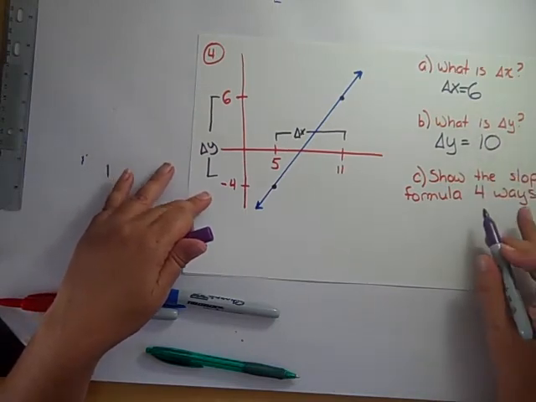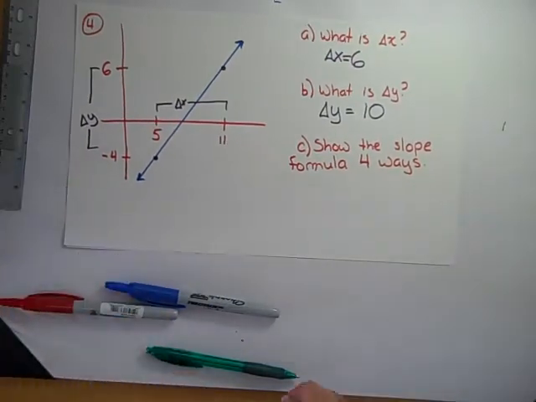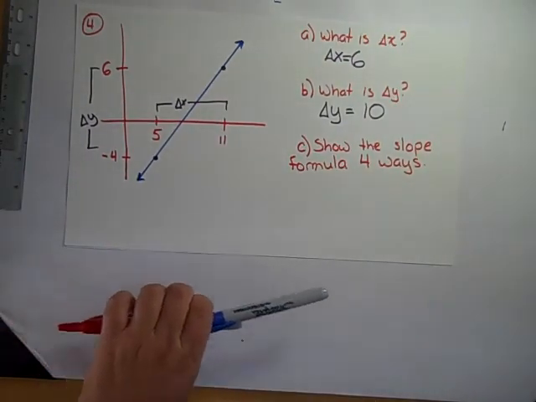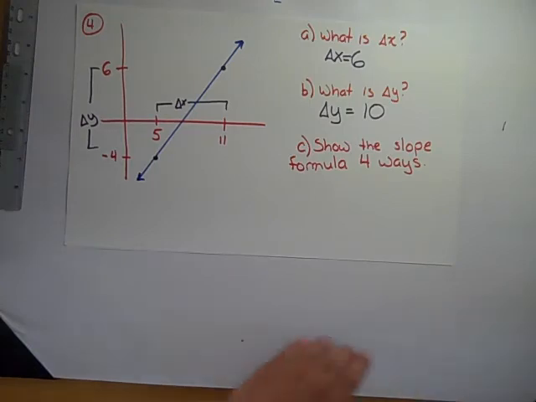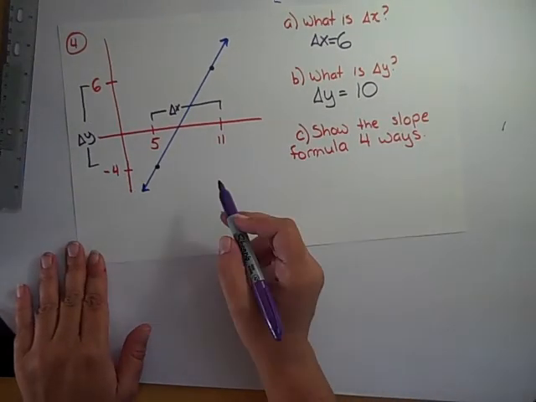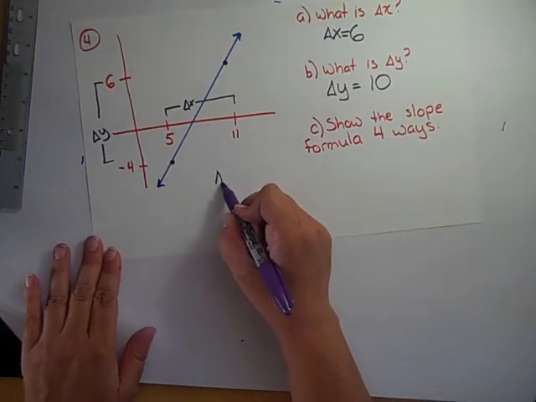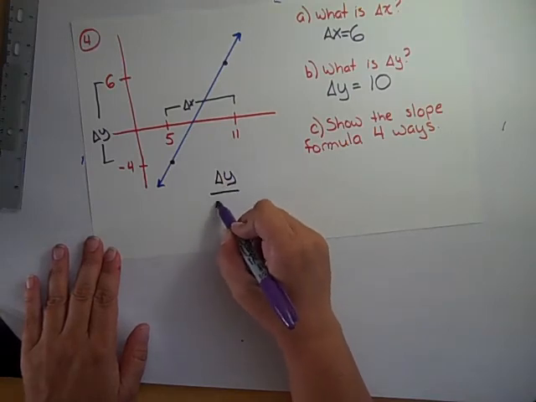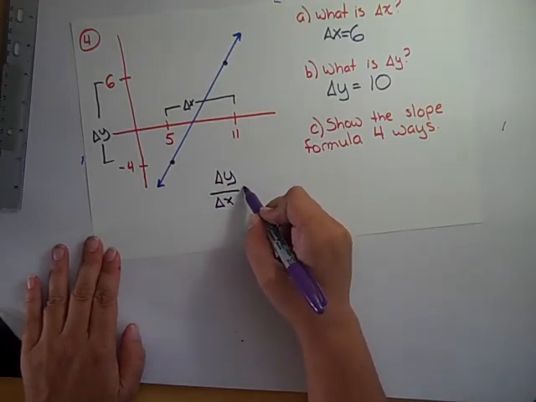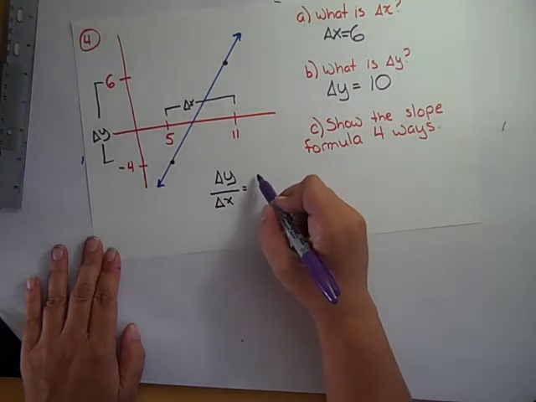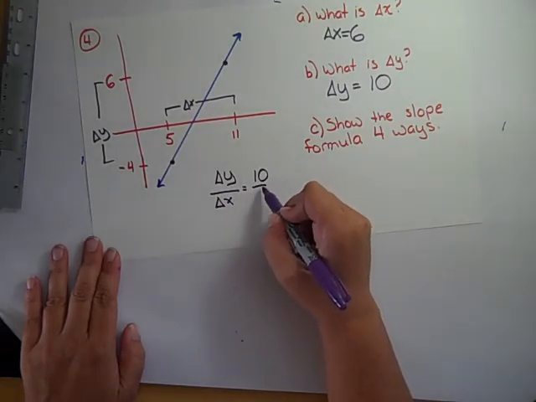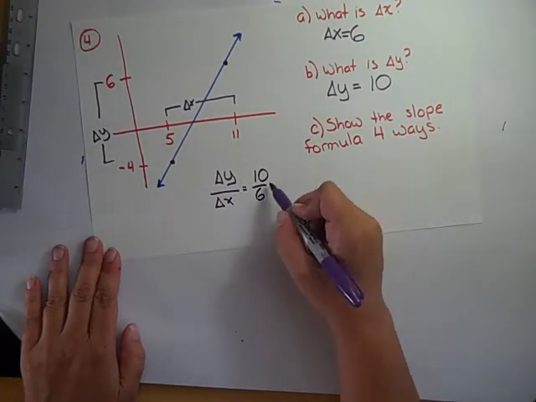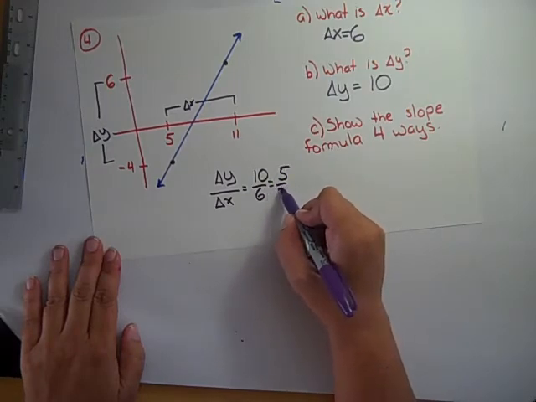Okay. And then show the slope formula 4 ways. So, what are the 4 ways we know how to do? I'll start with the simple one. The change in y over the change in x. And that's going to equal 10 over 6. And you could simplify it, would equal 5 over 3.